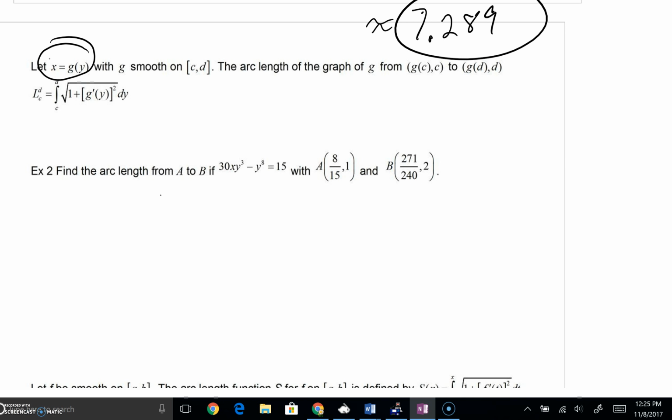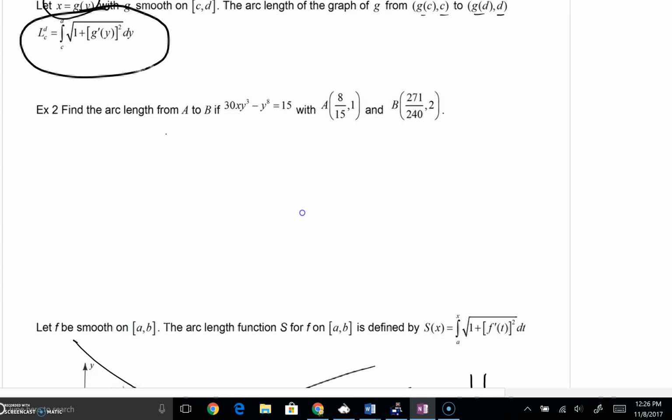That can and will happen. Then you'd look at your points. You could say I have g of c and g of d. It's the exact same formula, except you're integrating with respect to y. So that's your last problem.